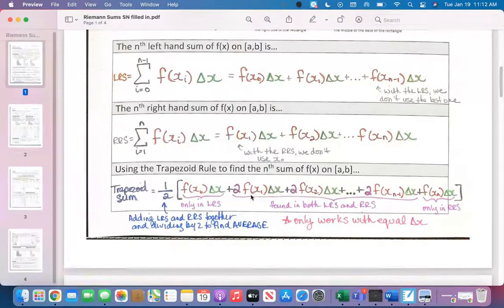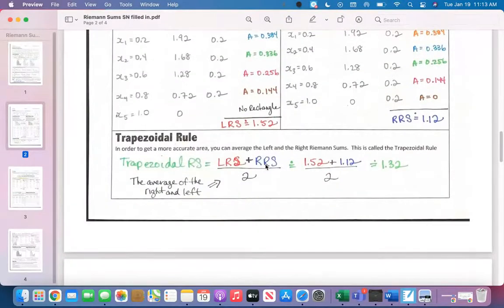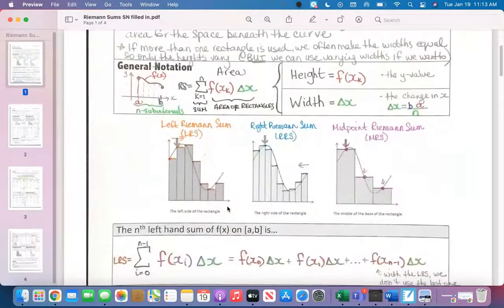So the trapezoid rule is basically saying take your left Riemann sum, add it to your right Riemann sum, and this is what you get when you do that. And then you divide it by 2 because you're finding the average of the two. So this is a streamlined formula, with the notation incorporated, that basically summarizes what we did when we took our left Riemann sum and our right Riemann sum and divided by 2. Okay, so there's our formula for it.